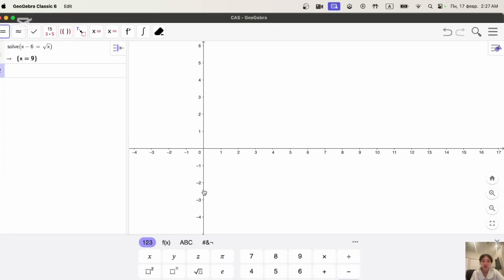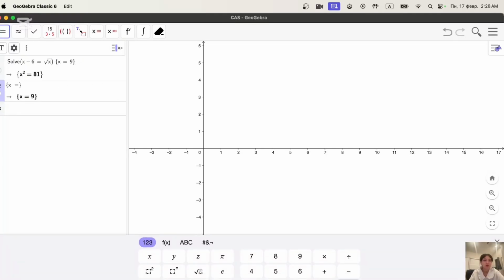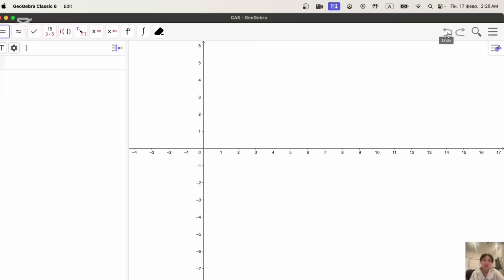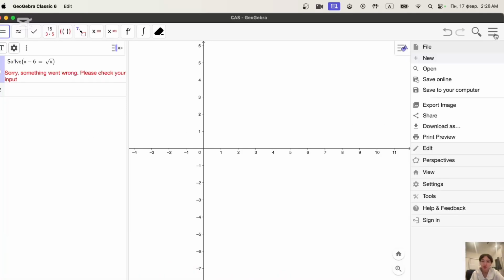Understanding the differences between CAS and spreadsheet. The CAS method finds all possible solutions algebraically, x equals 9, and the spreadsheet method visualizes values, making it easier to interpret the function's behavior graphically. Let's check it graphically.